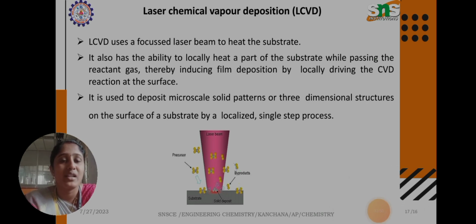Laser chemical vapor deposition. Laser chemical vapor deposition uses a focused laser beam to heat the substrate. It also has the ability to locally heat a part of the substrate while passing the reactant gas, thereby inducing film deposition by locally driving the chemical vapor deposition reaction at the surface.